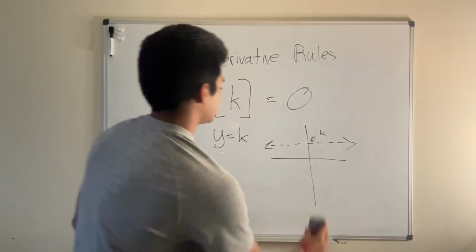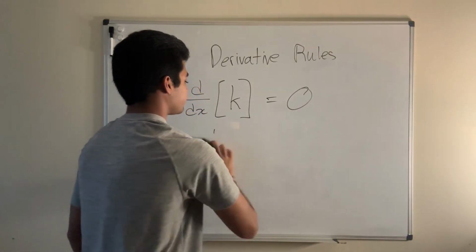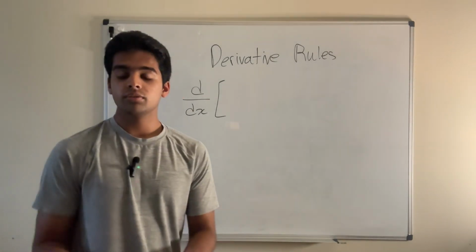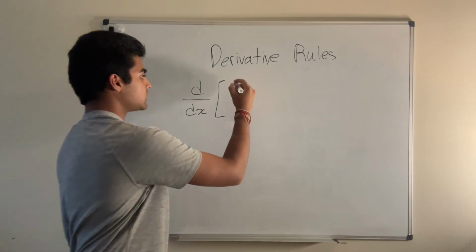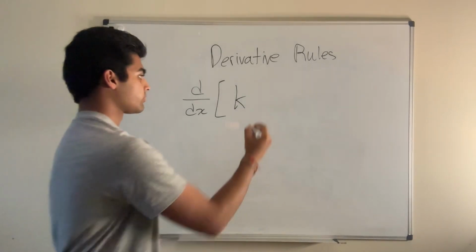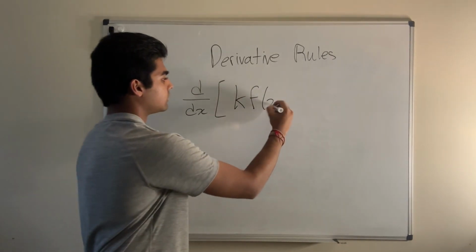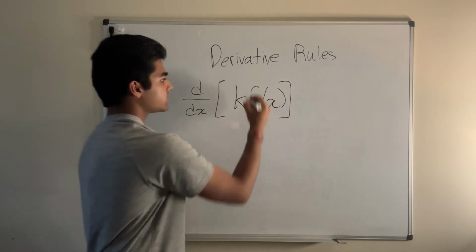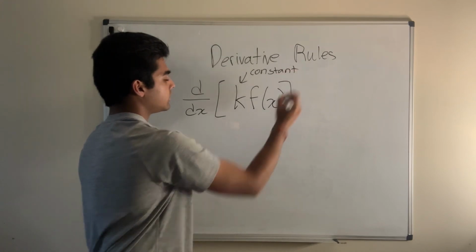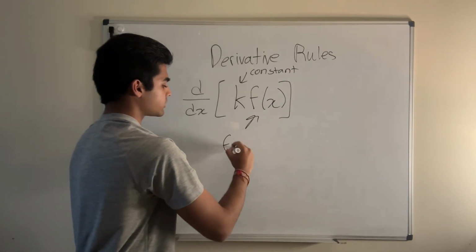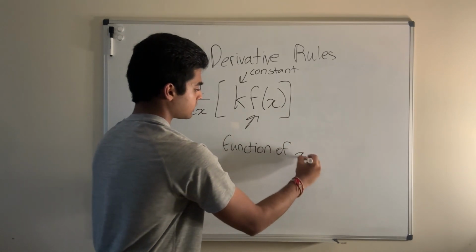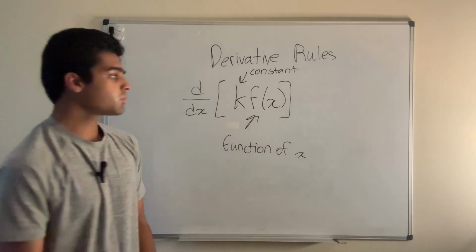Now let's look at another property. This is going to be the derivative of some constant, we'll use k again, times a function. This is our constant right here, and this is our function of x. So what would this be?